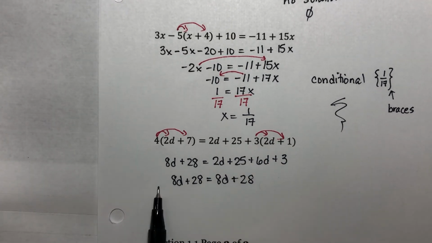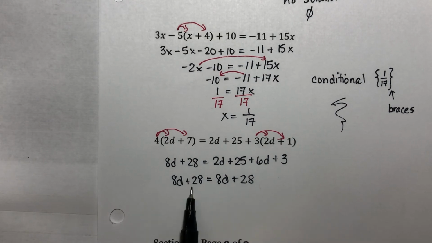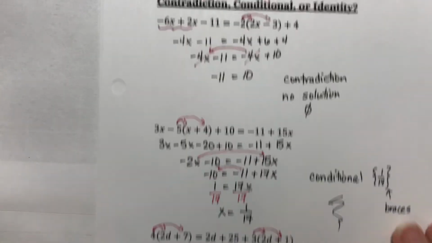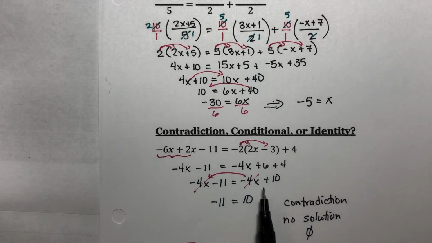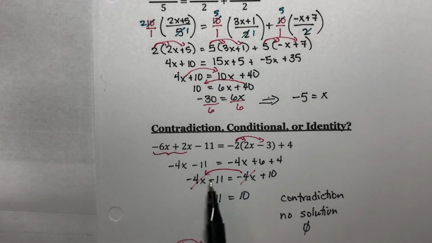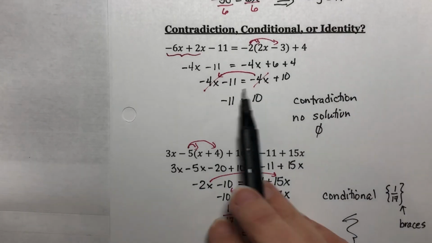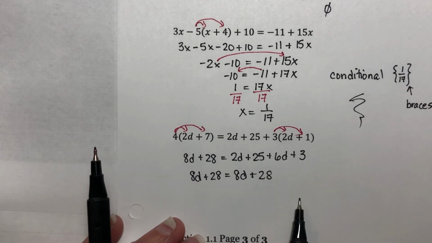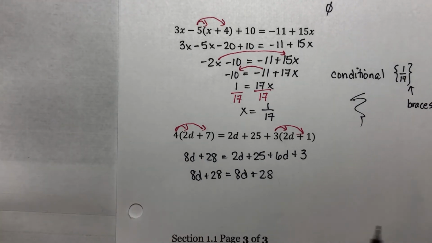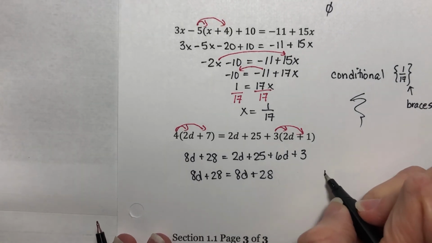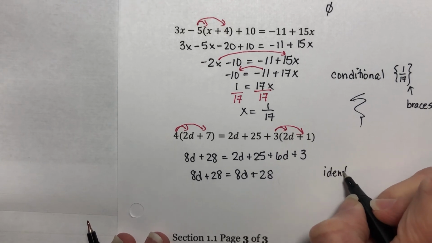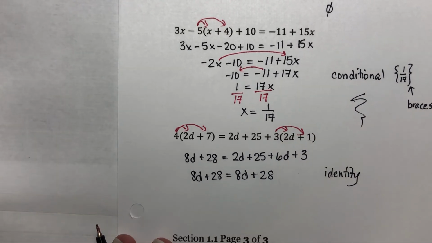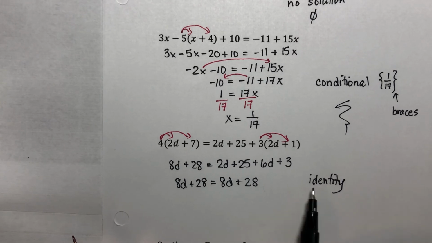Now, you may notice here that you have exactly the same thing on both sides. As opposed to the contradiction where we had the same x term but different constants. Here, it's precisely the same. So you can tell at this point that it is an identity. They are identical.